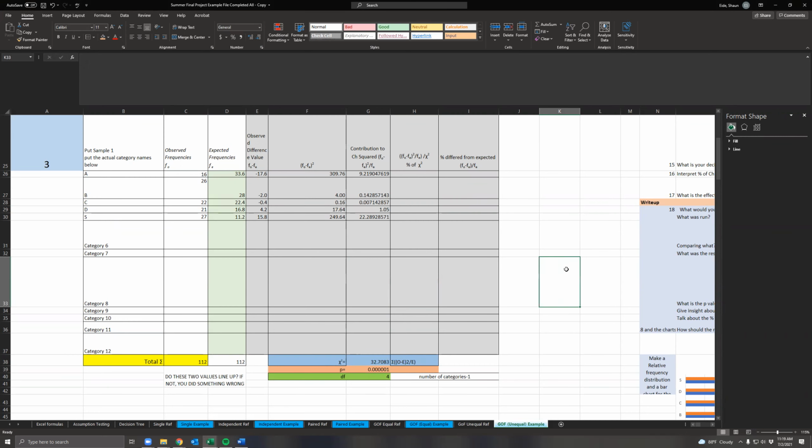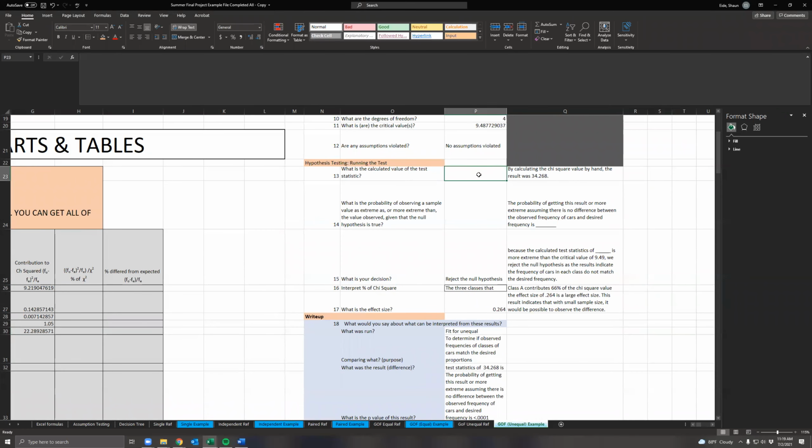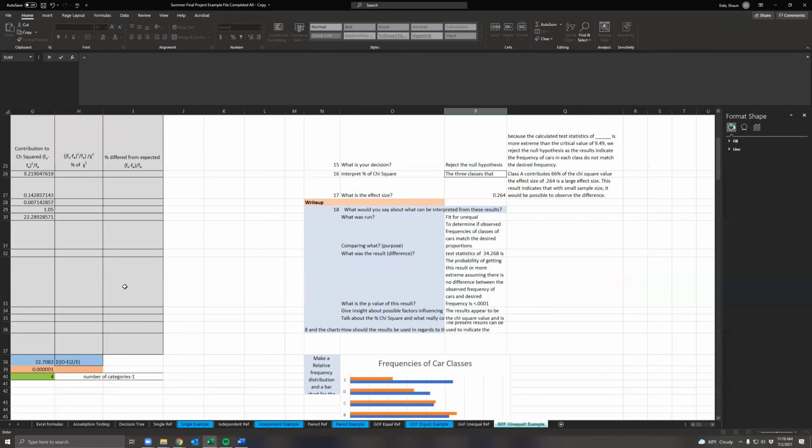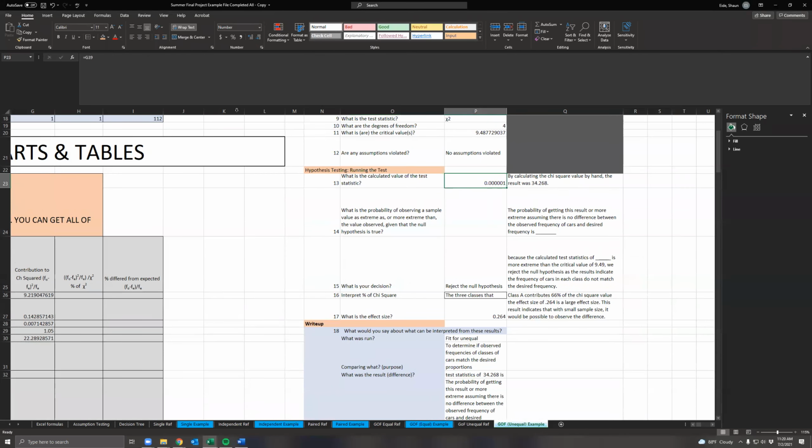So let's come back over here, and we're going to say, okay, what is the calculated value of the test statistic, and I'm just going to do equals G38. So that's the calculated value.